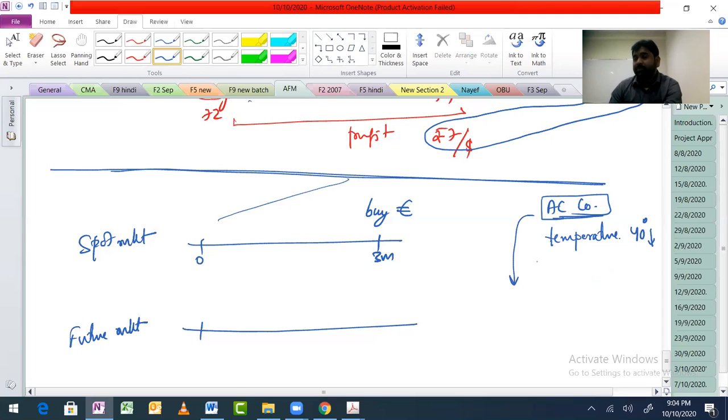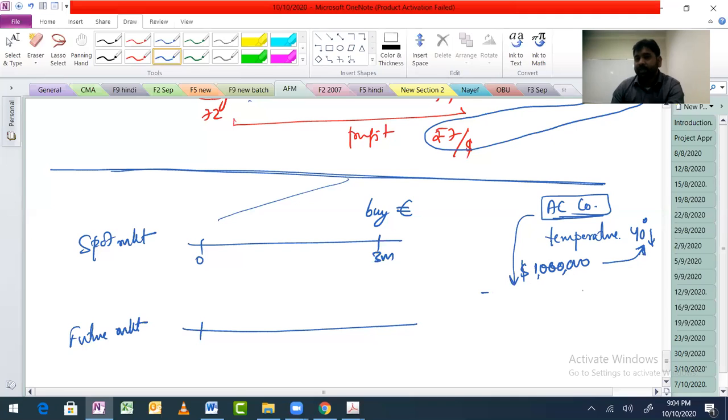The AC company says, I bet $1 million that the temperature this year will remain below 40. They don't want this to happen, but they are betting for that only. Whatever you are afraid of, you bet for that.